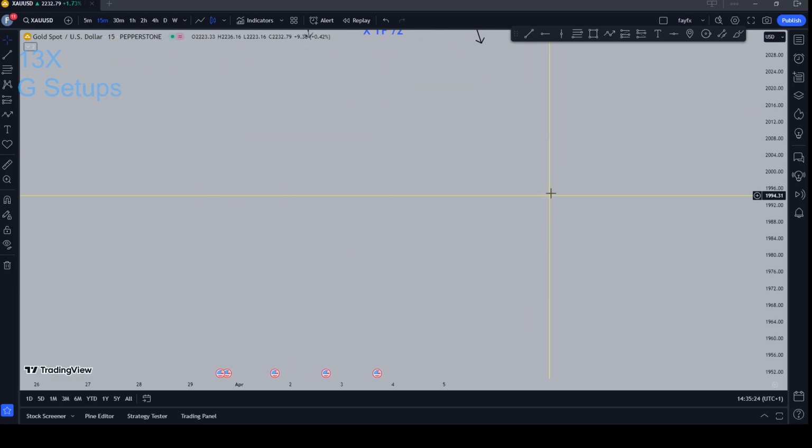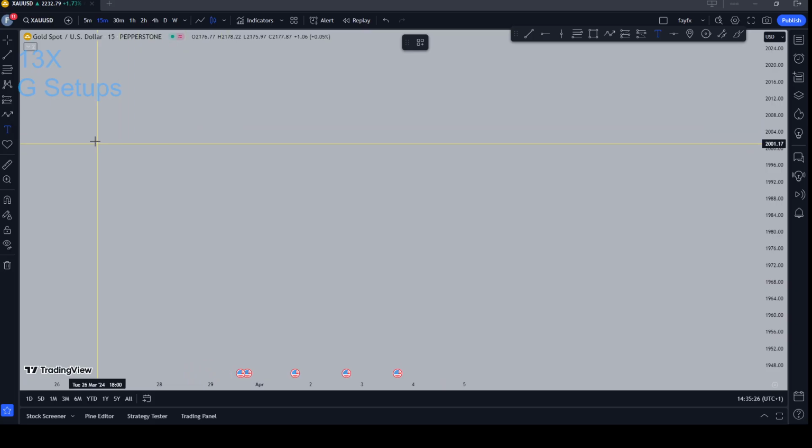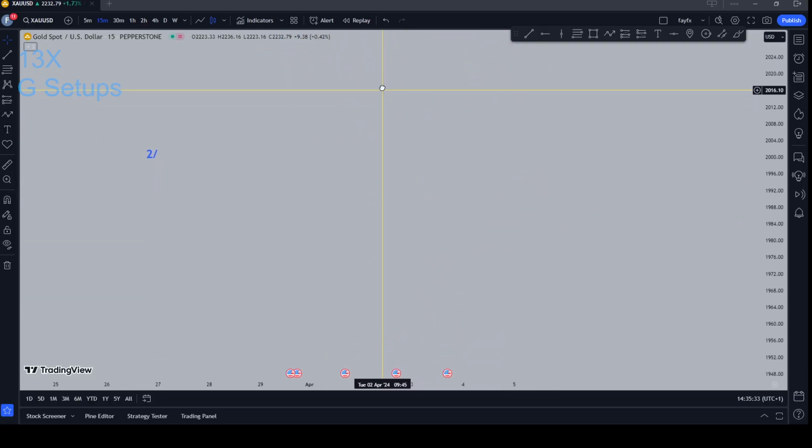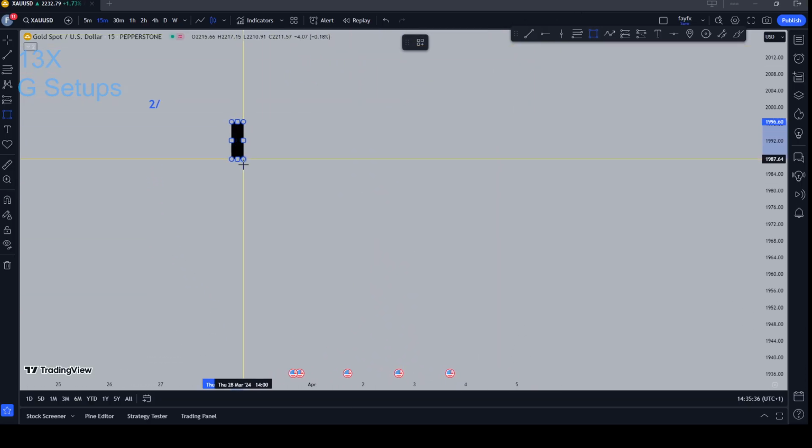Let's go to the second one. Second entry. Like we said here, we have again the next time frame.